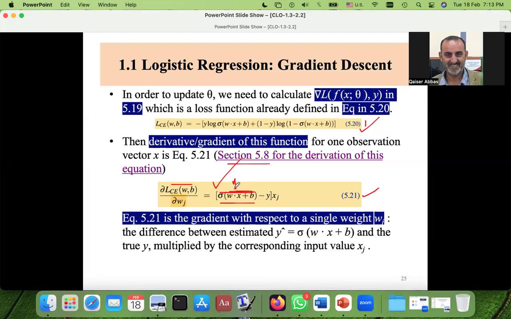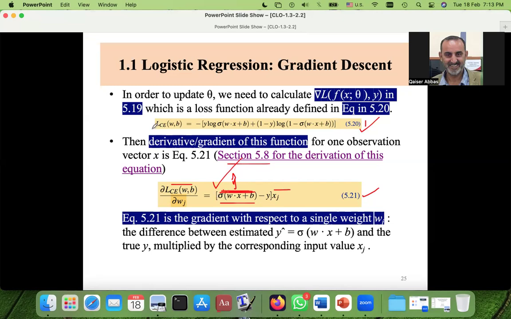I can show you those slides. You can go back and see that sigmoid of W dot x is y cap, because it gives you the probability value of your class y. And when you use the threshold, then you get y cap. So here it is basically y cap minus y, and then you are multiplying with the input.